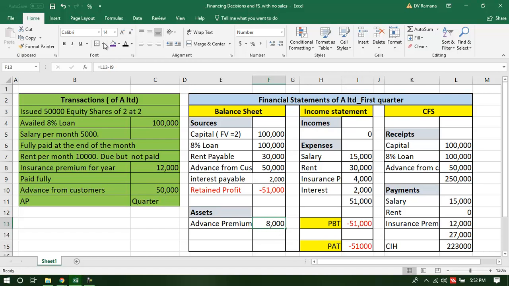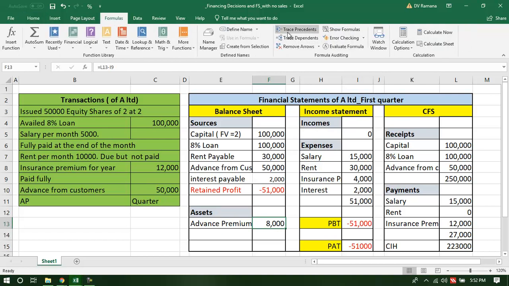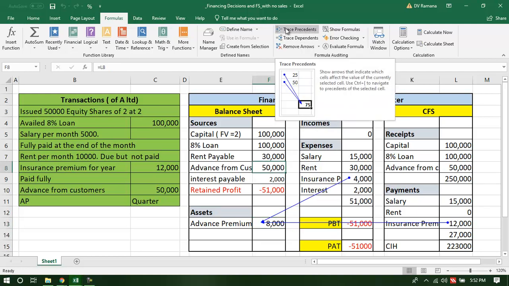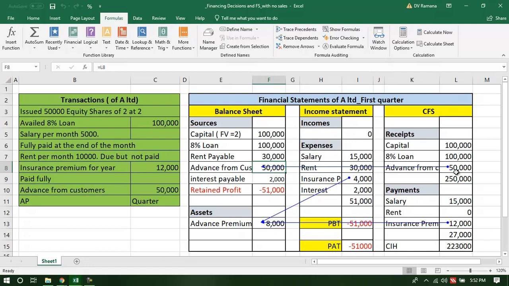So to repeat, any expense paid in advance is an asset, whereas any income received in advance is a liability because it's an income of the next time period.